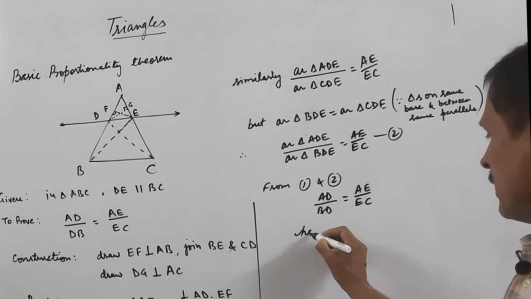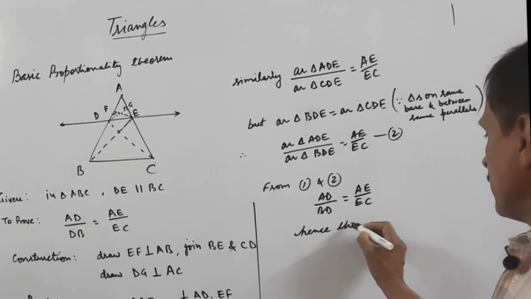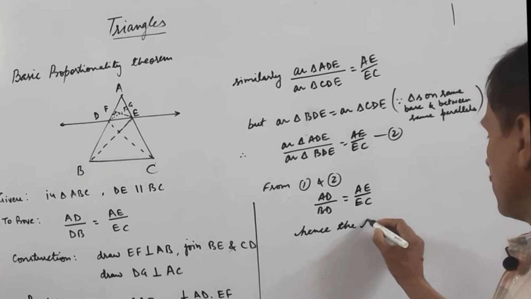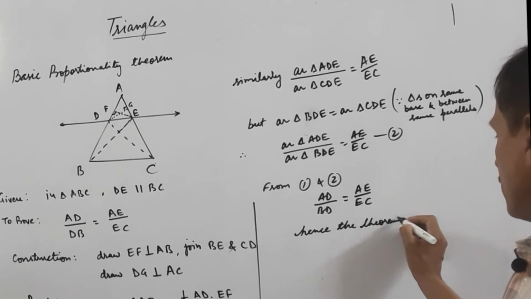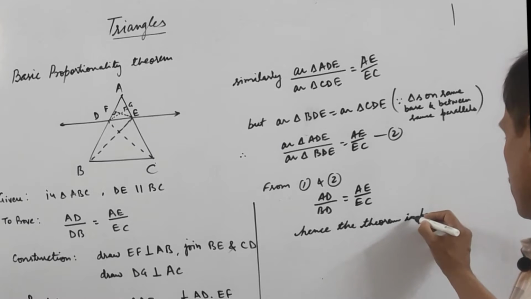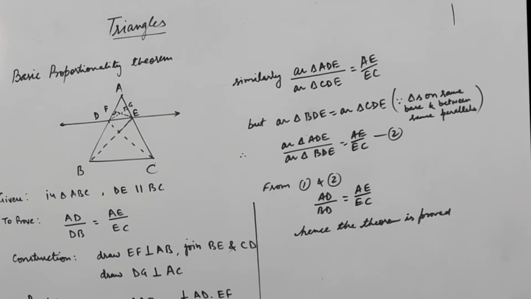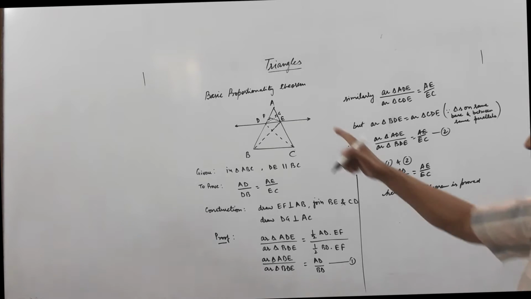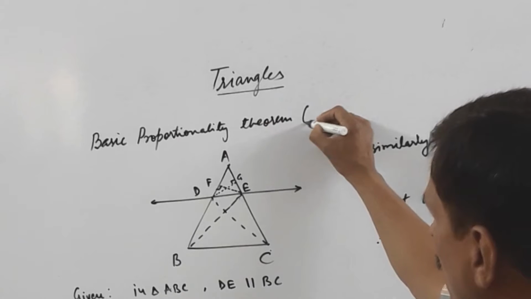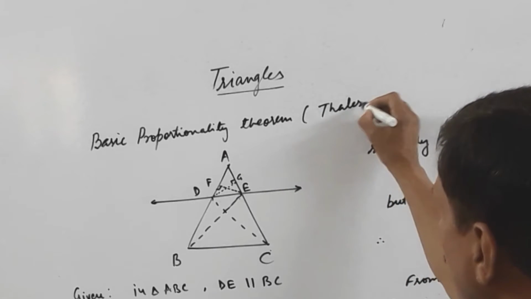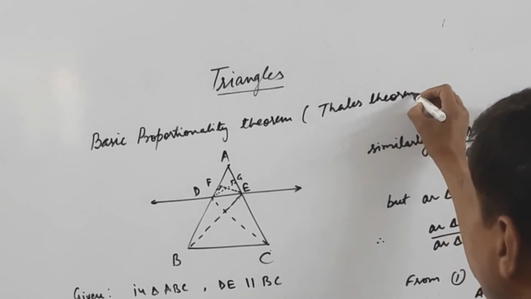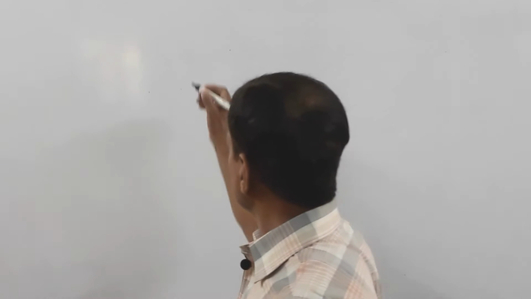Hence, the theorem is proved. This theorem is also called Thales theorem. Next theorem is converse of basic proportionality theorem.